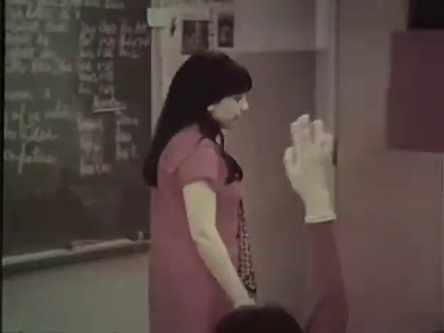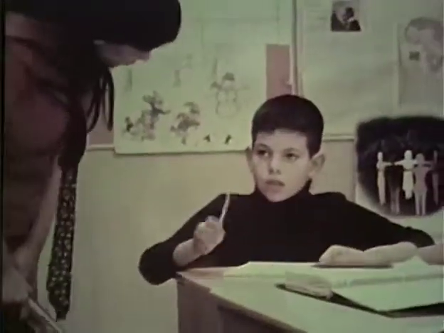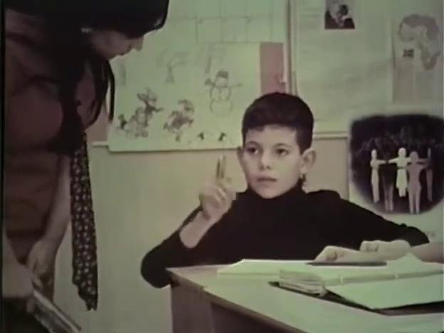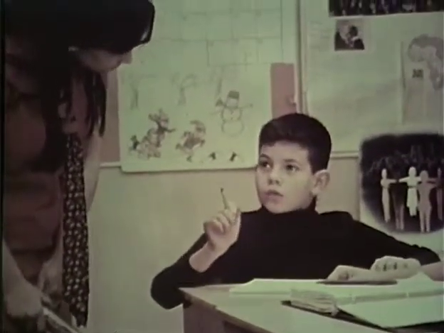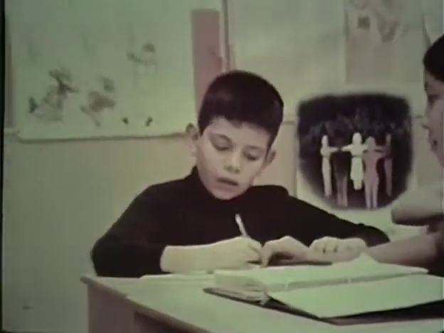Show me on your fingers. I see 4, 4, 4, 4. Jose, how did you get 4? Because 2 exponentiation 2, it's like 2 times 2 equals 4. Okay, how many people agree with that explanation?